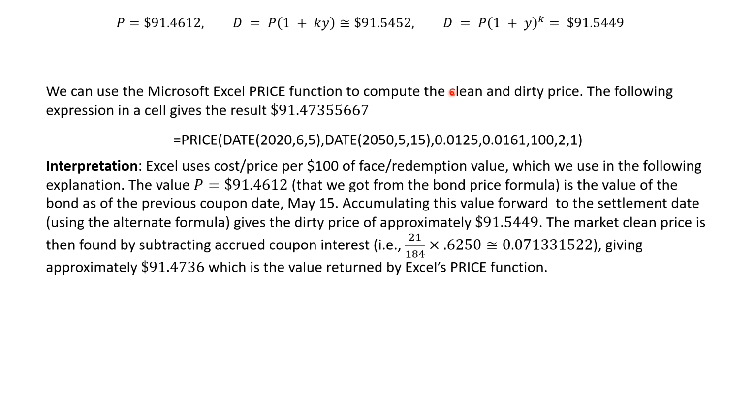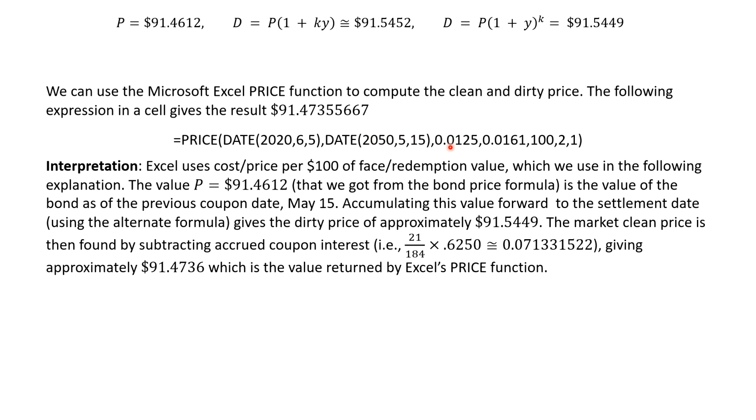Let's compare our result to what you get from using Microsoft Excel. I copied our results from the previous slide. These are per $100 of face value, so I needed to divide each of the results by 100. If we put the information into the price function of Microsoft Excel, we first put in the settlement date using the date function, then the date of the redemption, which is in the year 2050.